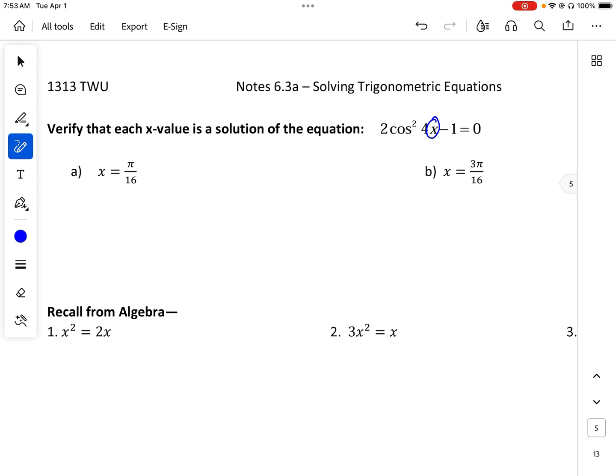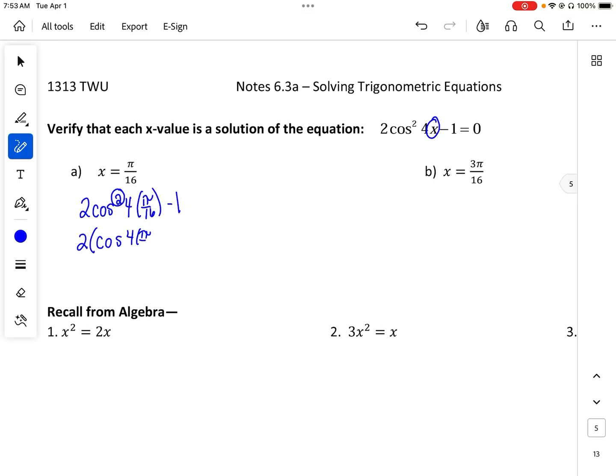So what we are going to do is plug in x right here. So we have 2 cosine squared 4 times pi over 16 minus 1. Okay, so remember how we have this squared here? We need to go ahead and move that out.